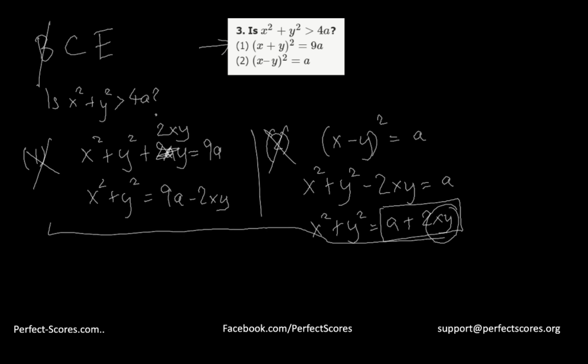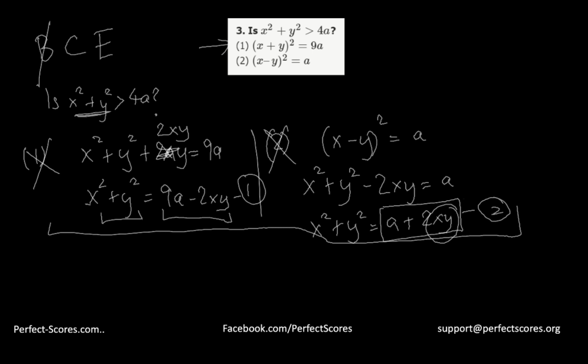Let's combine both the statements. We know x square plus y square is this, and we know x square plus y square is this from here, so both numbers are going to be equal. To get x square plus y square on one side, I'm going to add both the equations, 1 and 2.